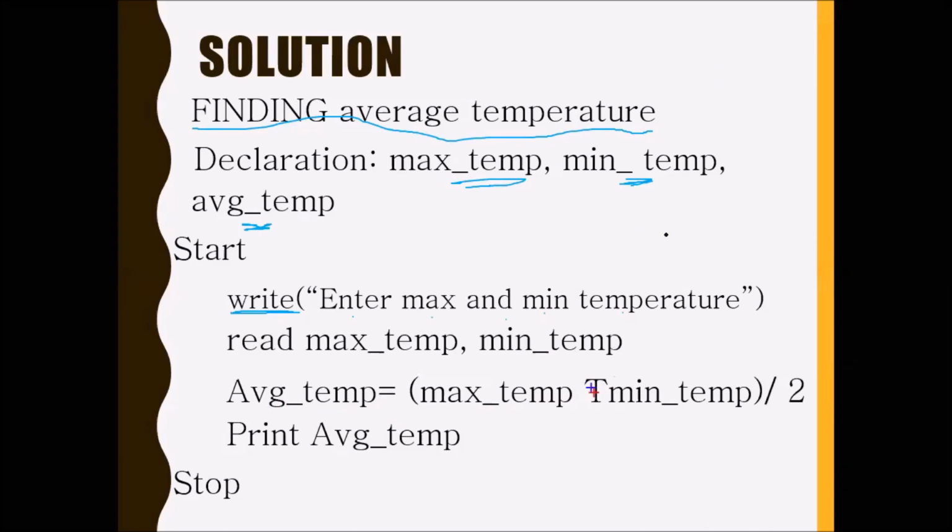That should be a plus sign, guys. Anyway, so max temp plus min temp divided by 2. That is our processing here, or arithmetic. So we're assigning whatever is on this side, which is the calculation part, and whatever value we get at the end goes into average temp.